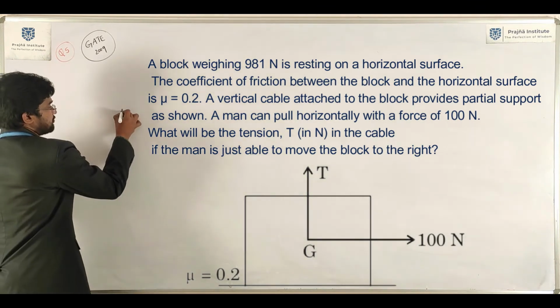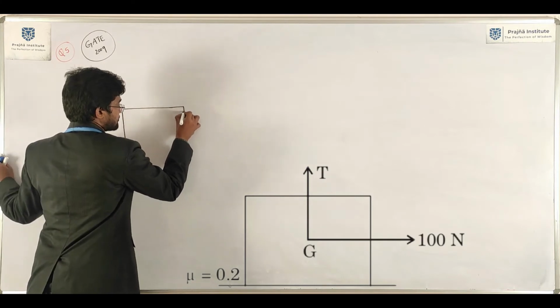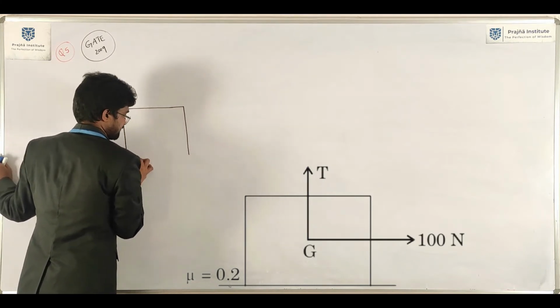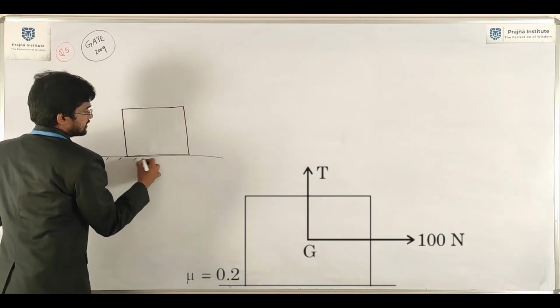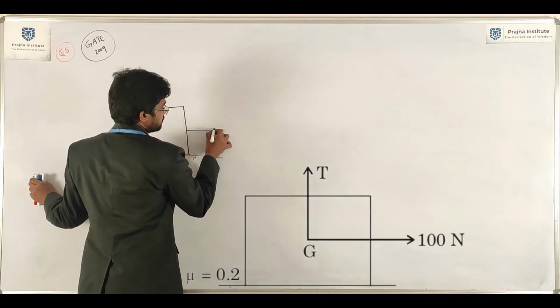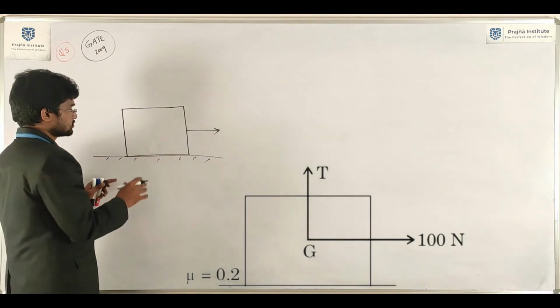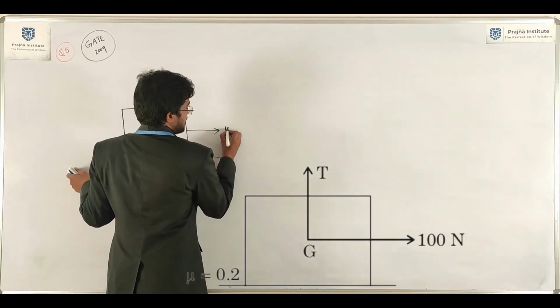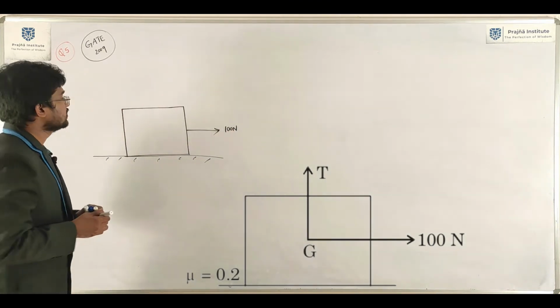So see the figure. It is a rough horizontal surface. A man can pull with 100 Newton.